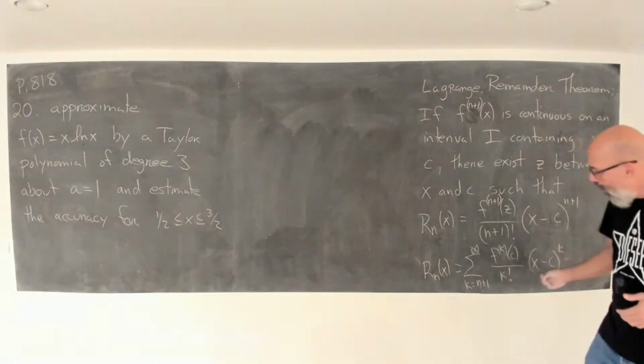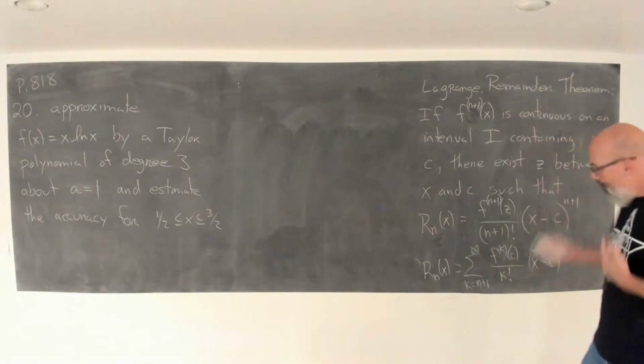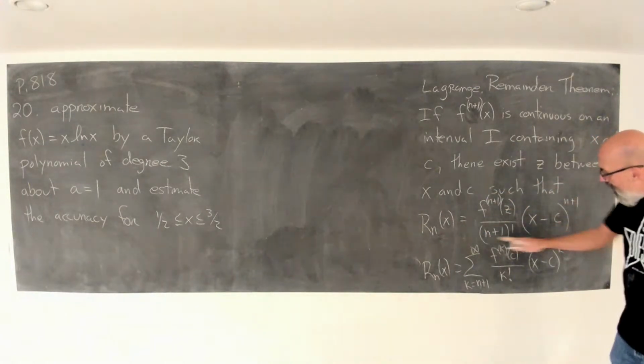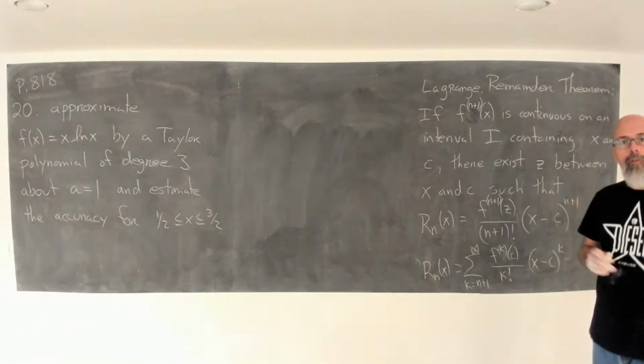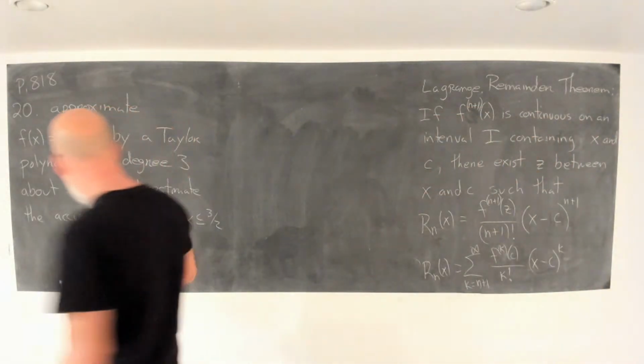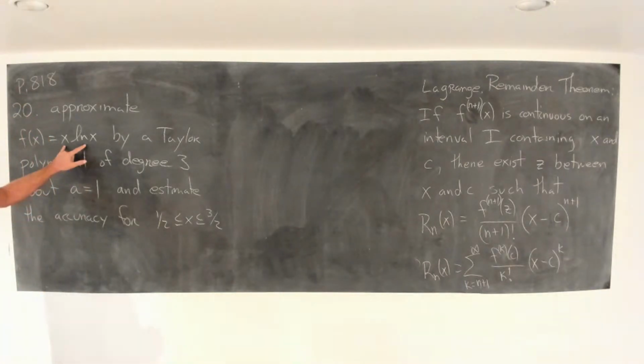Right? This is really what Rn is. But the Lagrange remainder theorem is telling you that it has this nice closed form. That's what we're saying. Back to this. Did you work out the Taylor series for this already?